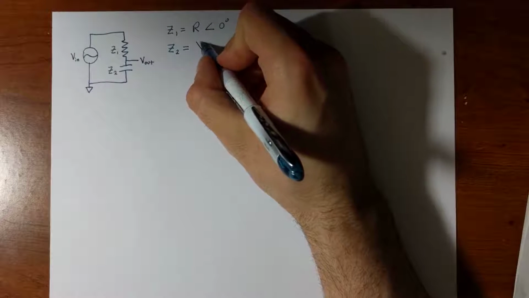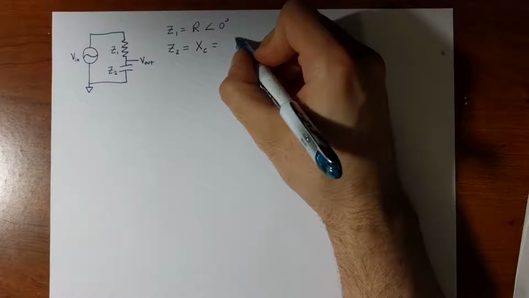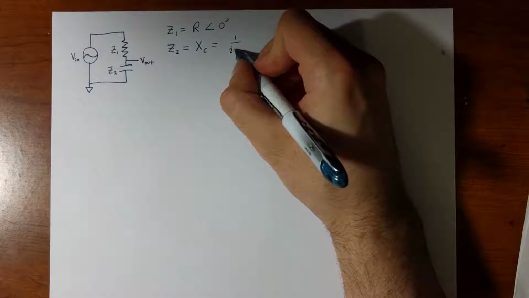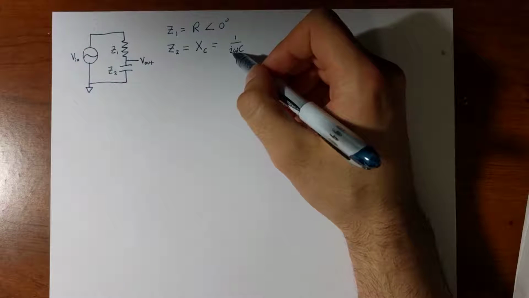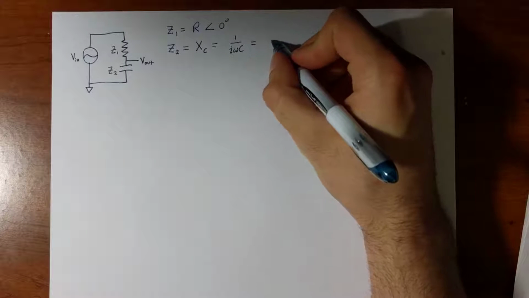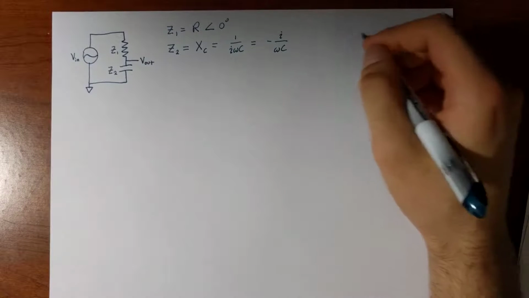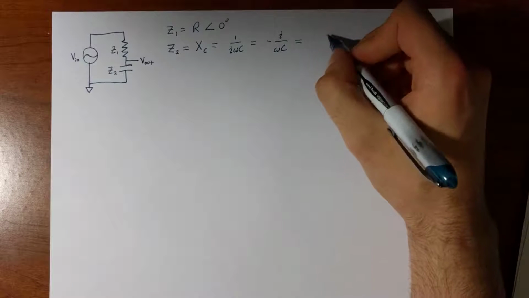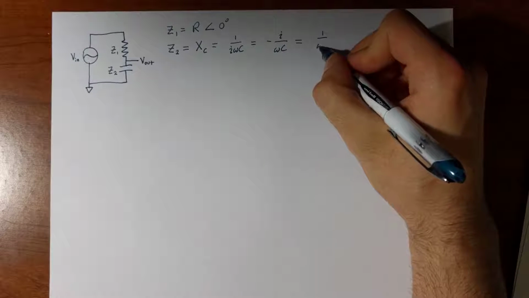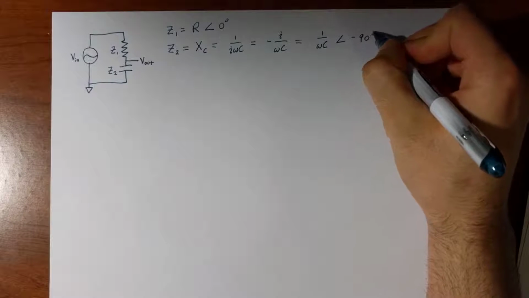So this is just going to be the reactance XC of the capacitor, which is going to be 1 over i omega C. And remember that 1 over i, the imaginary number, is the same as negative i, so I can write this as negative i over omega C. And the other way to write this using our angle notation would be to say that this is a reactance of 1 over omega C at an angle of negative 90 degrees.